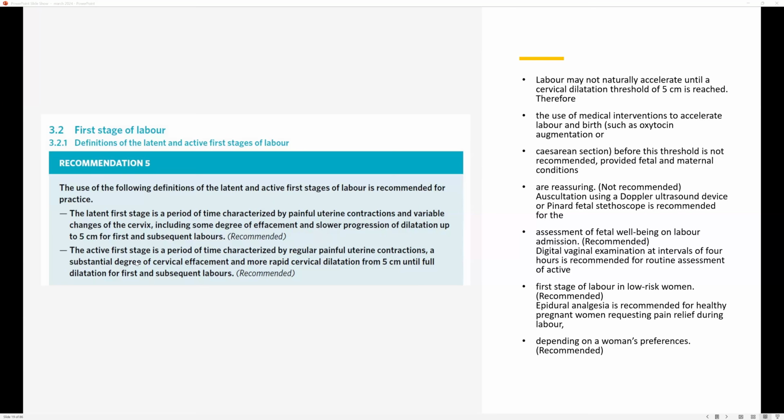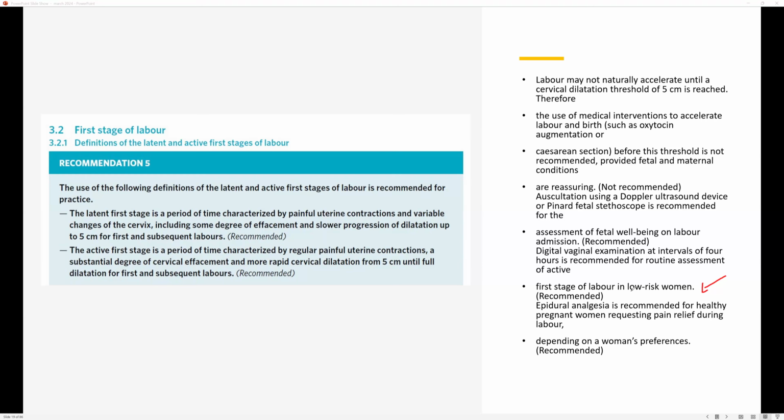Okay, the recommendation just for the active first stage of labor: I can consider delay or confirm delay and then proceed according to the recommendation. But here, the patient is still in the latent phase. So if the patient is in the latent phase, depending on the woman's preferences, I can recommend the epidural for her.